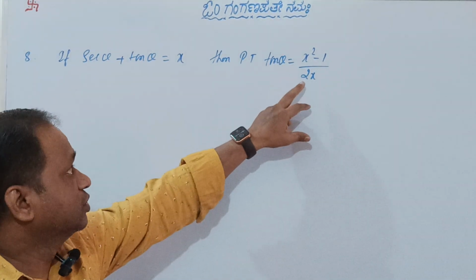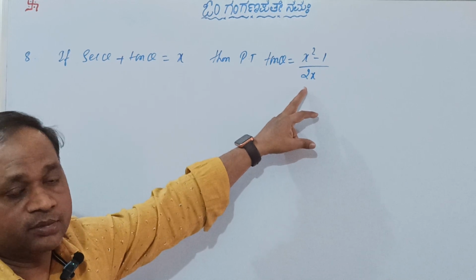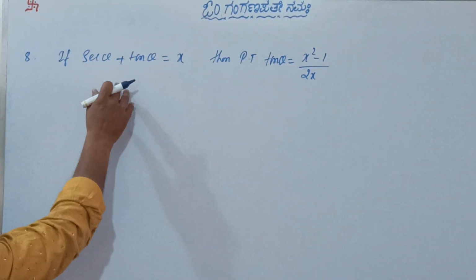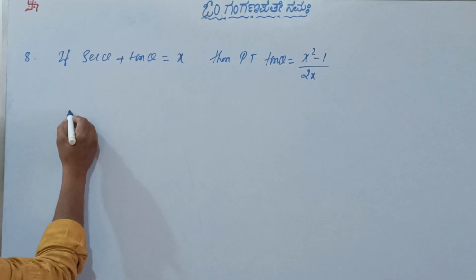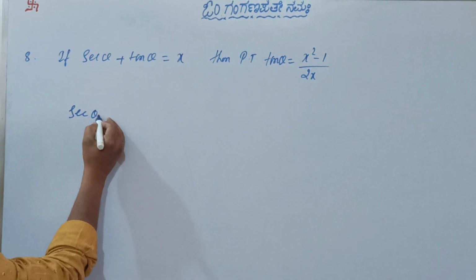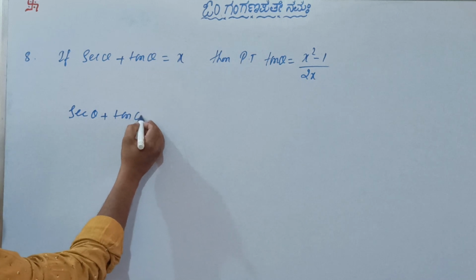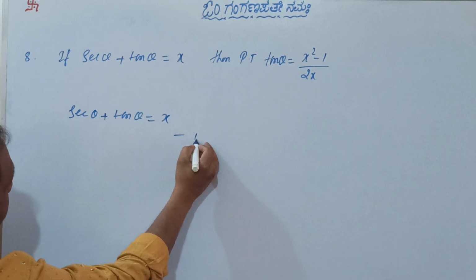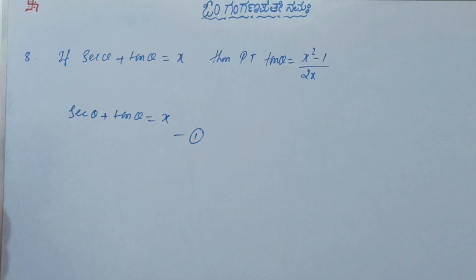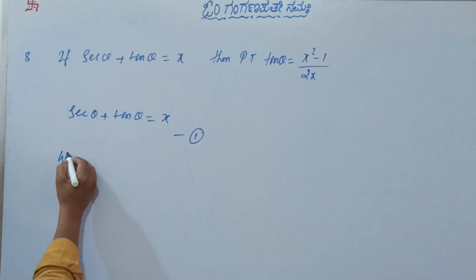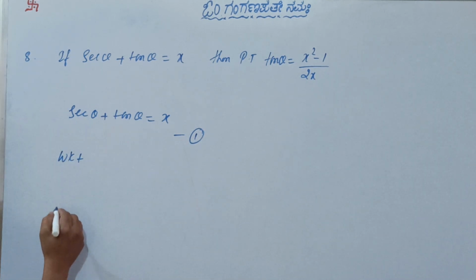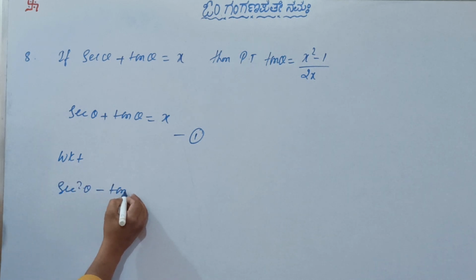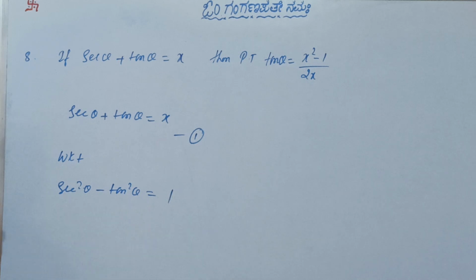theta is equal to x square minus 1 divided by 2x. Here also it is the same thing. First we have to give an equation, I will consider over here, that is sec theta plus tan theta is equal to x. This one is equation number 1. We know that the identity is sec square theta minus tan square theta is equal to 1.